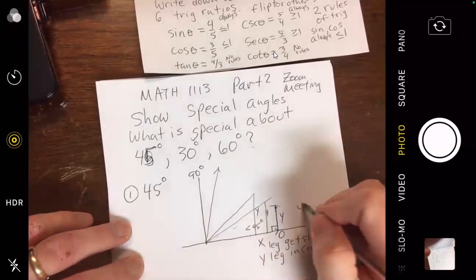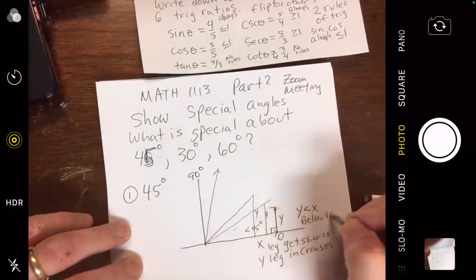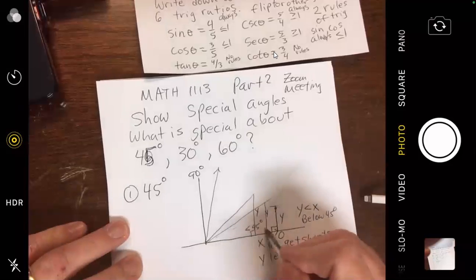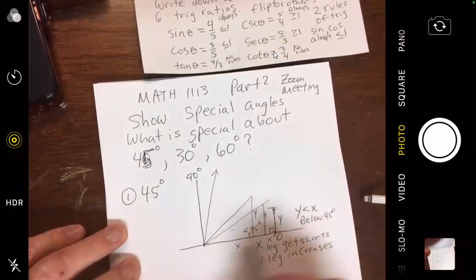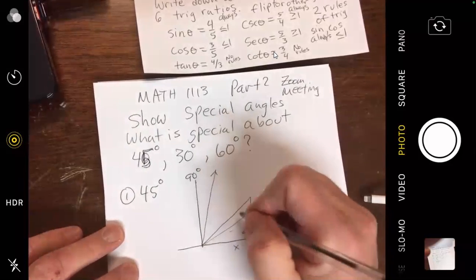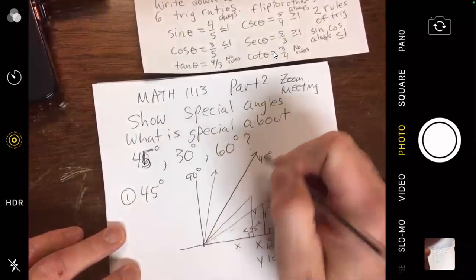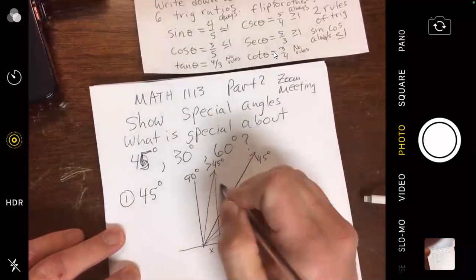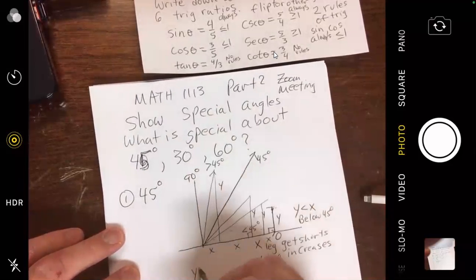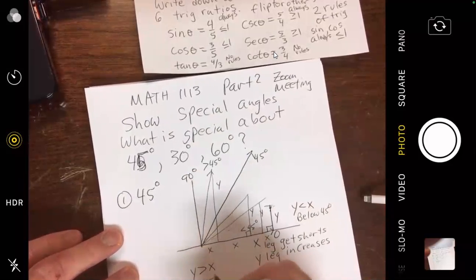But your Y leg is less than your X leg below 45 degrees. Now you swing past 45, and you're greater than 45 degrees, and you can see that your Y leg is greater than your X leg for angles greater than 45 degrees.